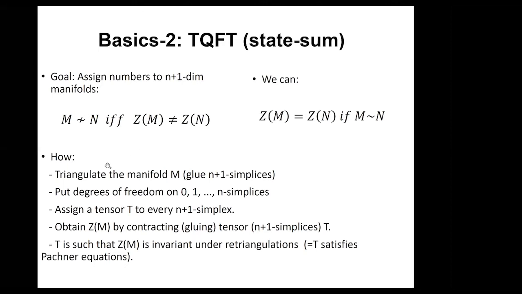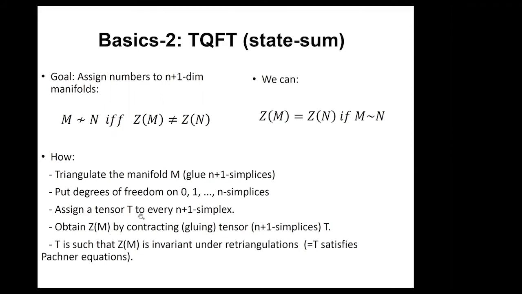In the case of state-sum TQFTs, we triangulate the manifold M, which means that we express it in terms of n+1 simplices, and we glue them to construct the manifold M. We put degrees of freedom on 0, 1, up to n simplices. We assign a tensor T to every n+1 simplex.